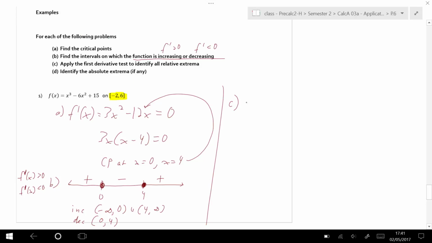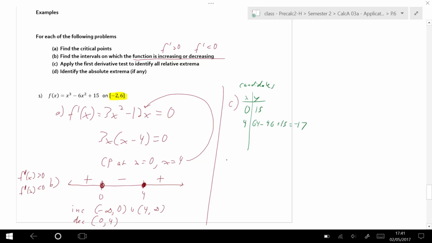So if I t-chart out my possible candidates, I apply the first derivative test to test these extrema, so those are 0 and 4. If I plug in 0 to the original function, I get 15. And if I plug in 4, I get 64 minus 96 plus 15, which is equal to negative 17.